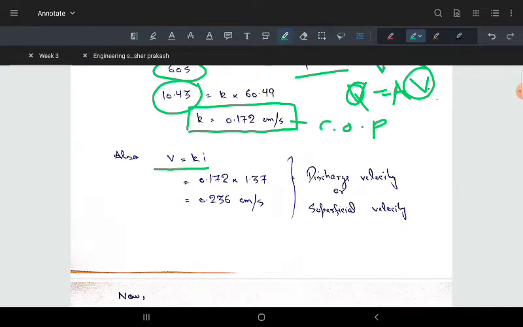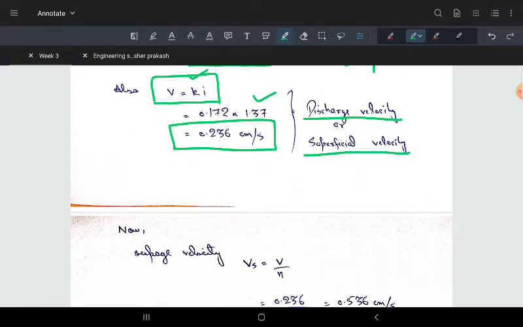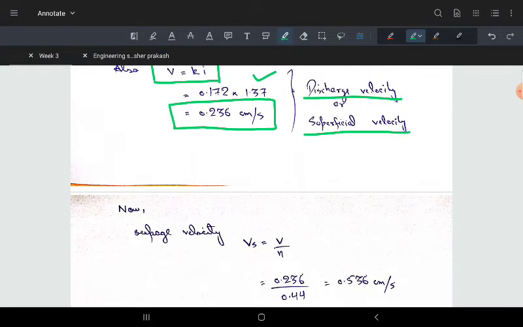So here V is equal to Ki, from Darcy's equation. K we have calculated, i we know, so we can get V. What is V here? It is the discharge velocity or the superficial velocity. There is a difference between the two. What does that mean? We have a soil sample here, consisting of soil particles and air voids.